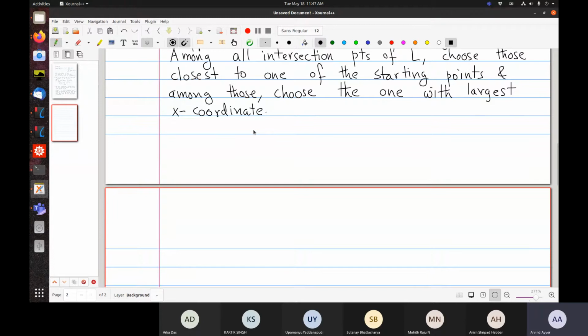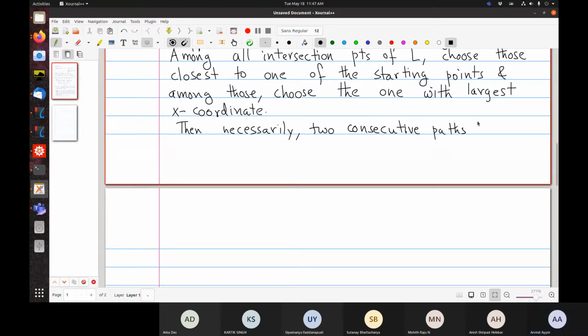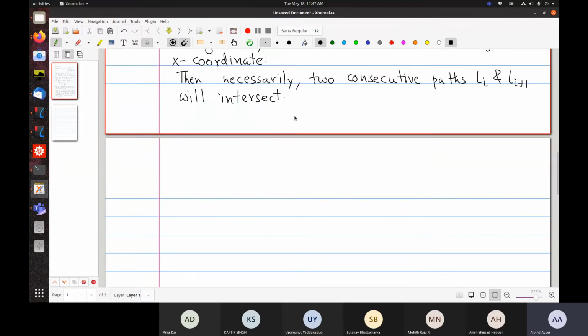But the point of this choice is that then necessarily two consecutive paths Li and Li plus 1 will intersect. Okay, because you are choosing them closest to the starting point, right?